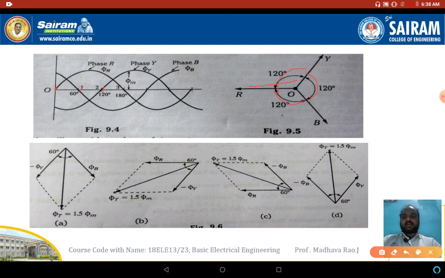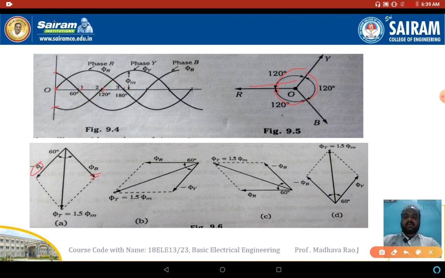When the angle is equal to 0, what fluxes are produced? Phi R is 0. In this first diagram, phi B is positive and phi Y is negative.